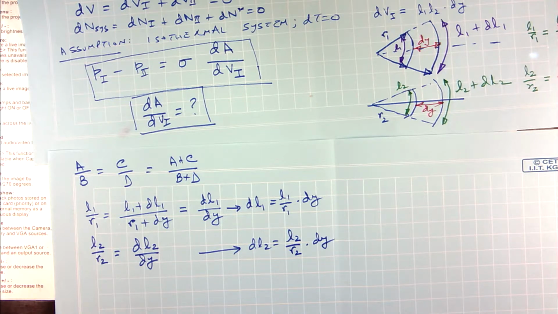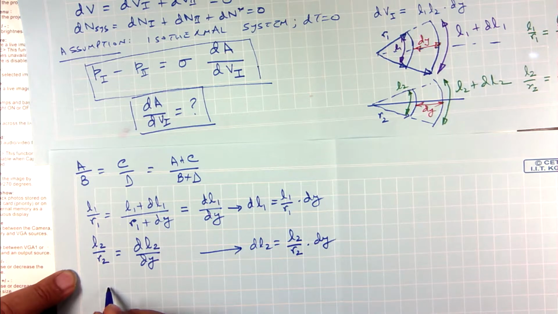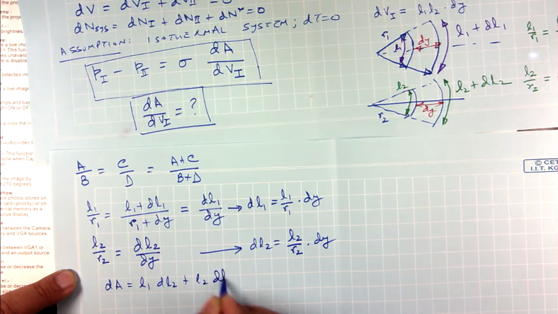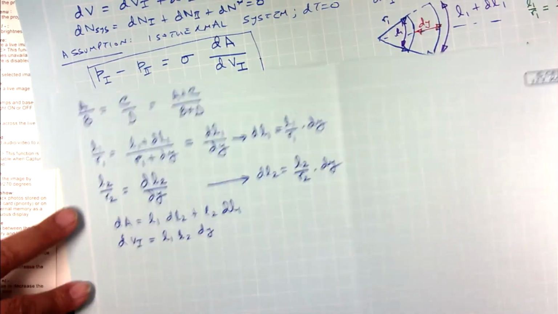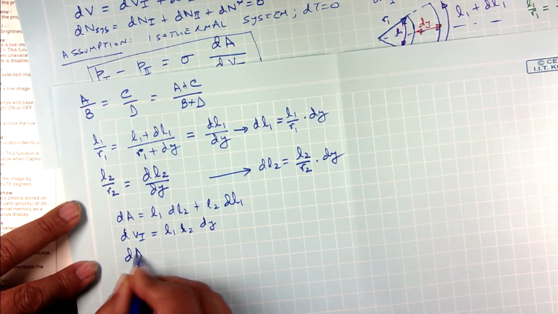You all with me? And what we said was my dA? My dA was equal to L1 dL2 plus L2 dL1, and my dV1 was equal to L1 L2 dy, right.